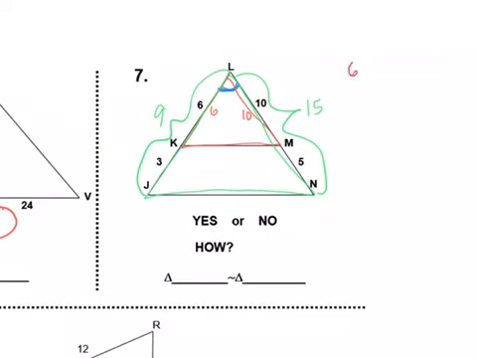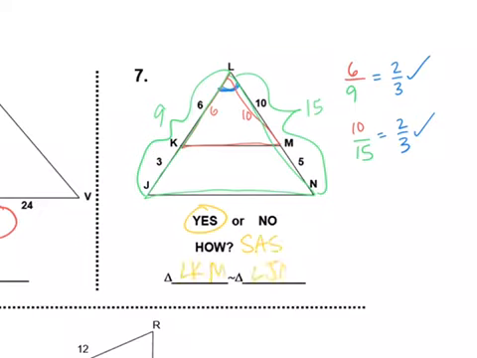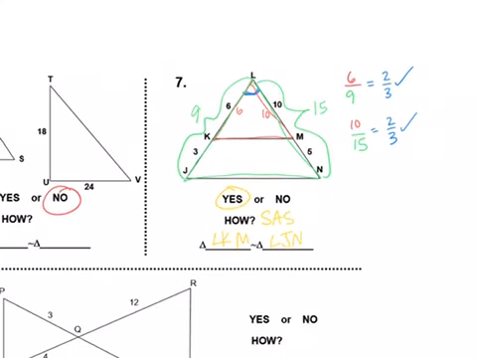So if I relate, 6 to 9 reduces to 2/3. And then 10 to 15 reduces to 2/3. So I'm trying to color code so you can see the pieces I'm looking at. These ratios are the same. So yes, these are similar through side, angle, side. And I could start at the top, LKM, LJN.